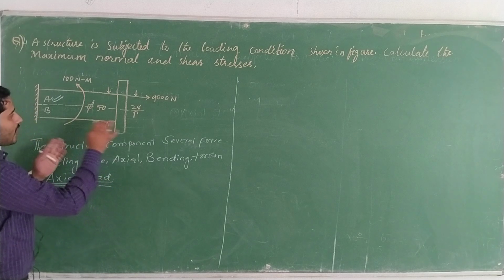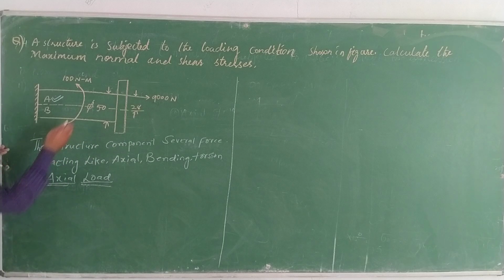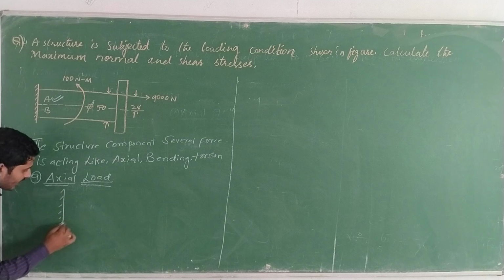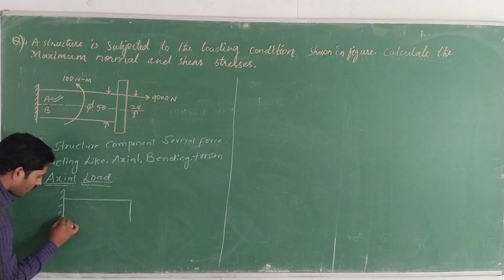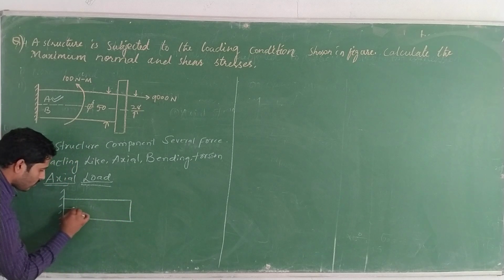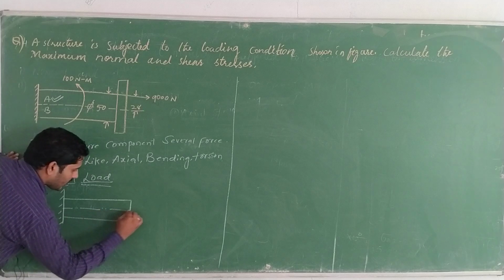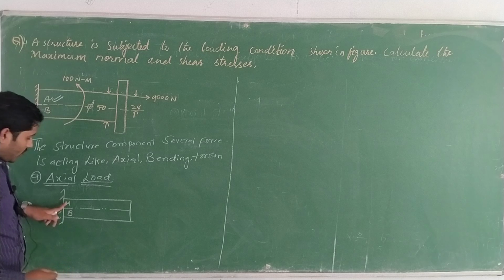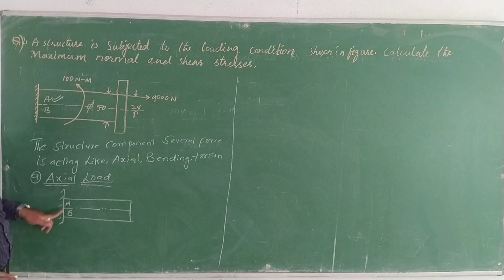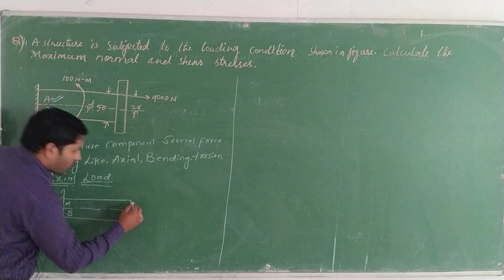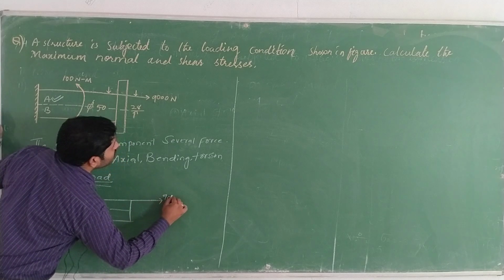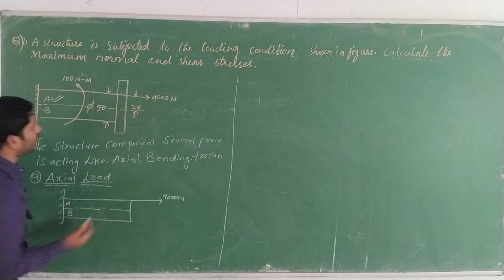First of all we need to draw the free body diagram of the axial force. One end is fixed, and there are two fibers, A and B. A is acting as tensile force, B as compressive force. Here the axial load is 9000 Newton.